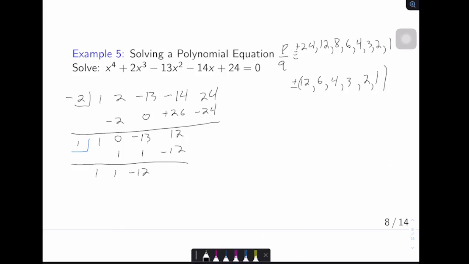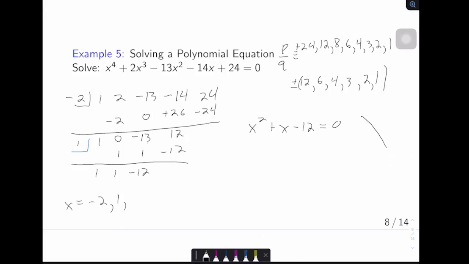And then look at that. It was a lucky guess, folks. So now we're going to get x equals negative 2, positive 1, and now we have our x squared plus x minus 12 equals 0.